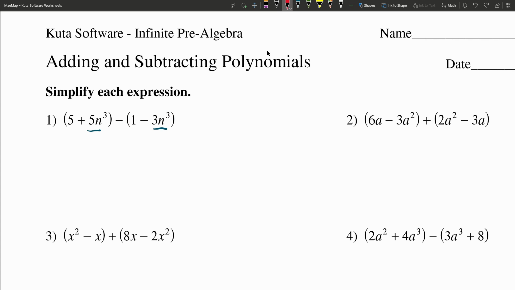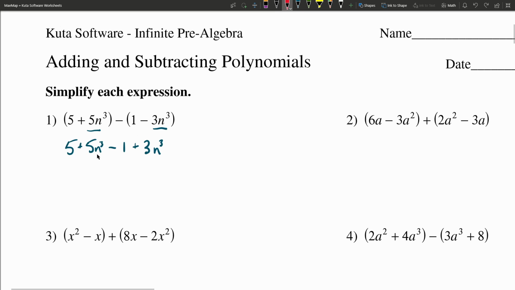Subtracting this entire quantity, we can think of as 5 plus 5n cubed minus 1, and then minus a minus, which would be plus a 3n cubed. So what I did is I just rewrote this, getting rid of the parentheses by making sure that I took that negative into account, distributing through, and everything is just either addition or subtraction, so I no longer need those parentheses.